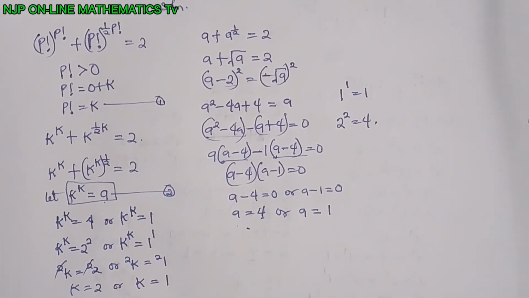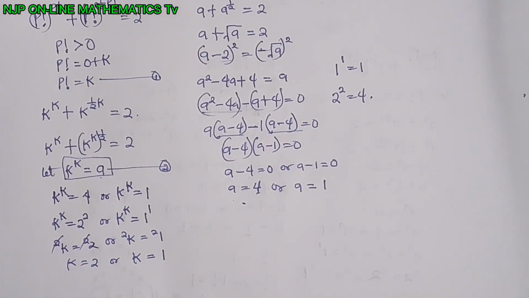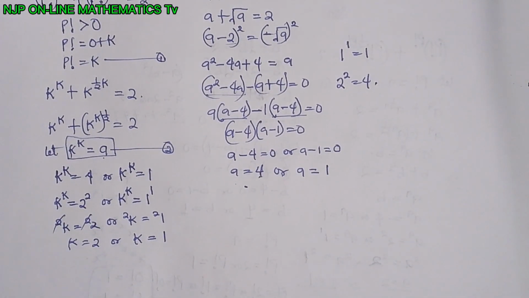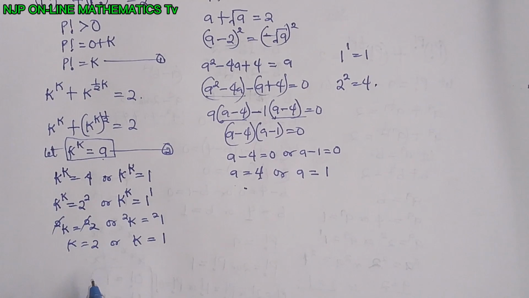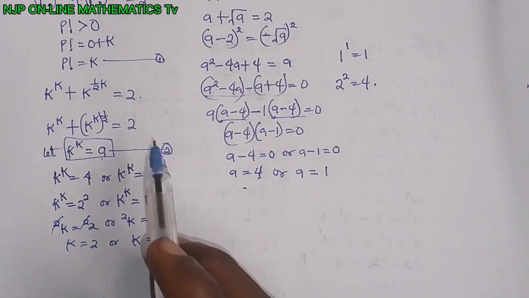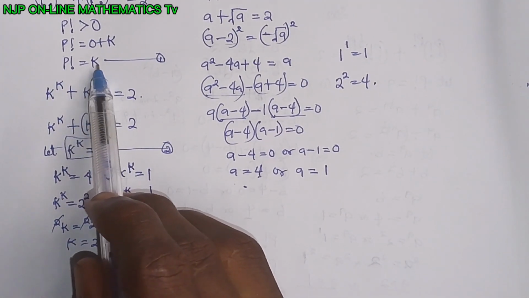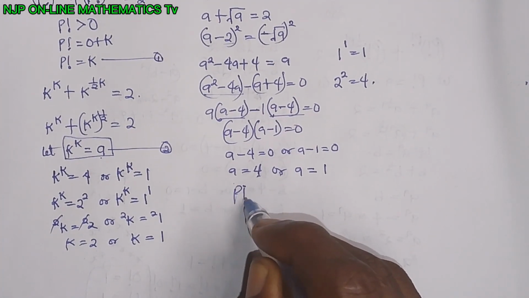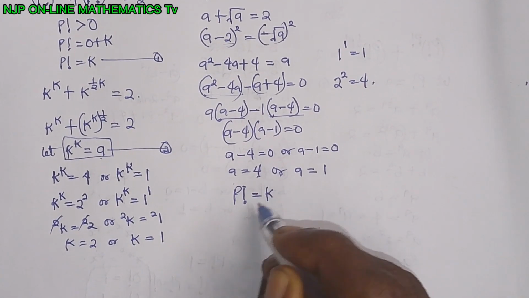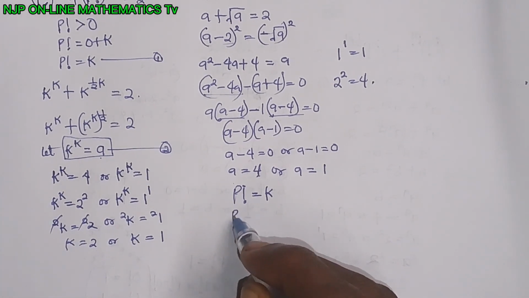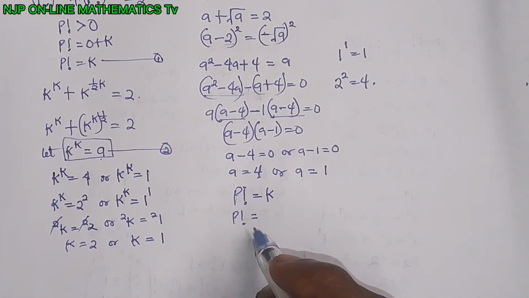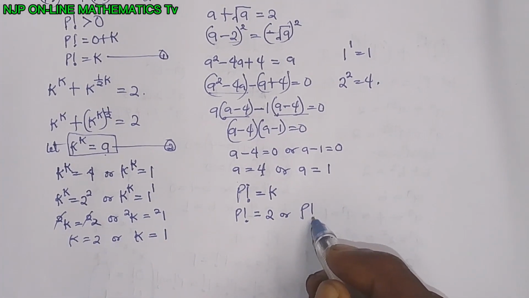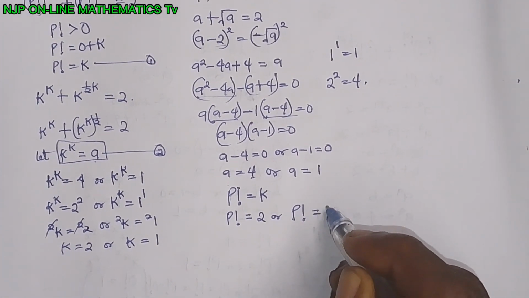So we need to continue from our relationship where we solved out. We need to now determine the value of p factorial. Recall that we said p factorial equals k. So since p factorial equals k, we need to continue because we said p factorial will be equal to 2, which is the value of k, or p factorial equals 1.